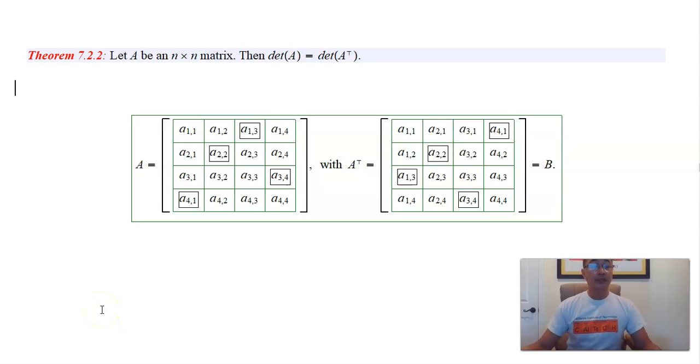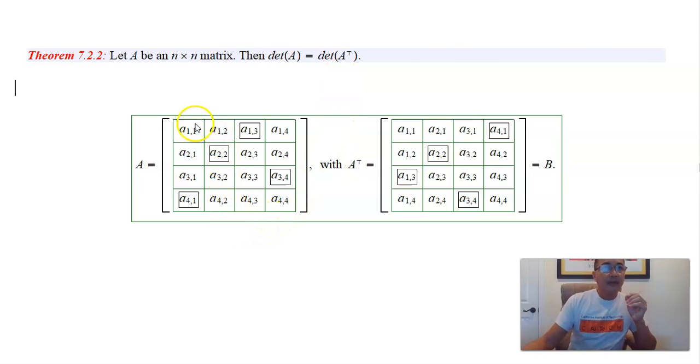Here's a property which is basically proven using exactly the same idea. We're going to transpose a matrix. And remember, when we do that, a row becomes a column and a column becomes a row. So it shouldn't be a surprise that if A is an n by n matrix, then the determinant of A is exactly the same as the determinant of A transpose.